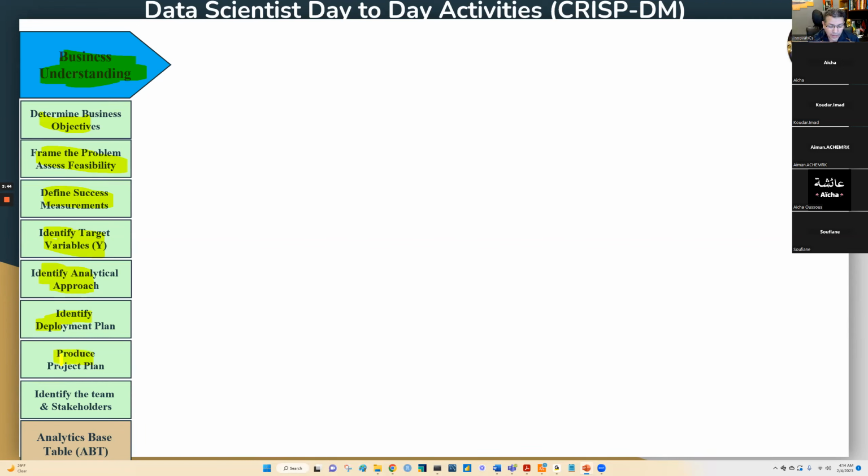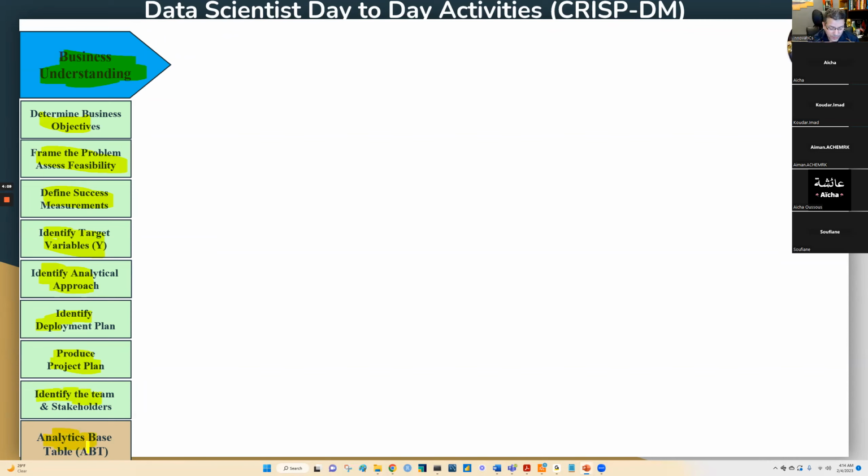We learned to set standards, rules, times, and budgets for the project. Also, we learned how to identify and establish a strong analytical team, and also establish strong analytical communication between the analytical team and the stakeholders.